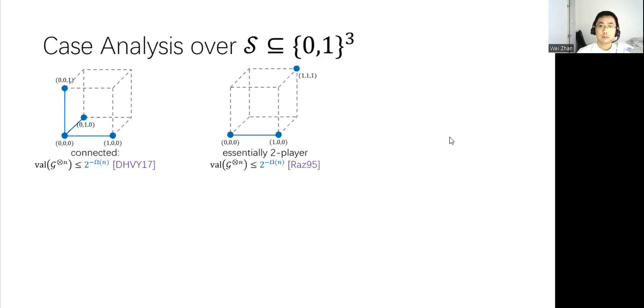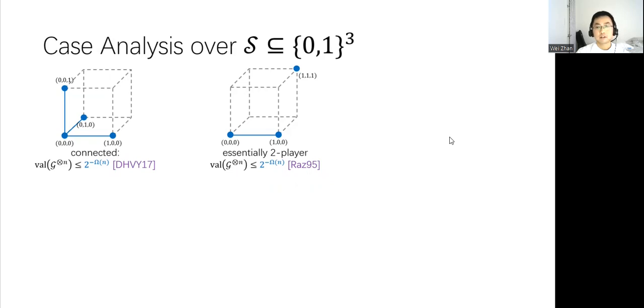We show the inputs in the support as blue dots, and we connect the dots if they differ in only one coordinate, as in the connection graph of the game. The first 2 cases are those that I mentioned, for which an exponential decay is known. First, there are connected games where the connection graph is connected.